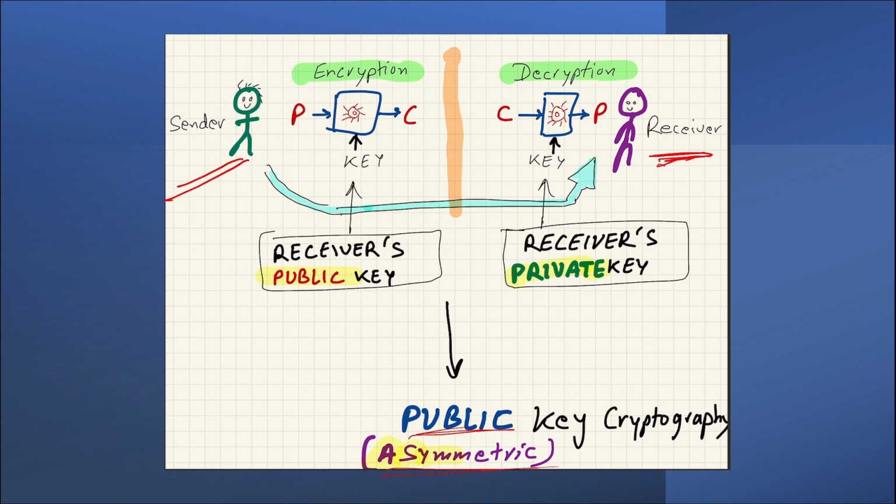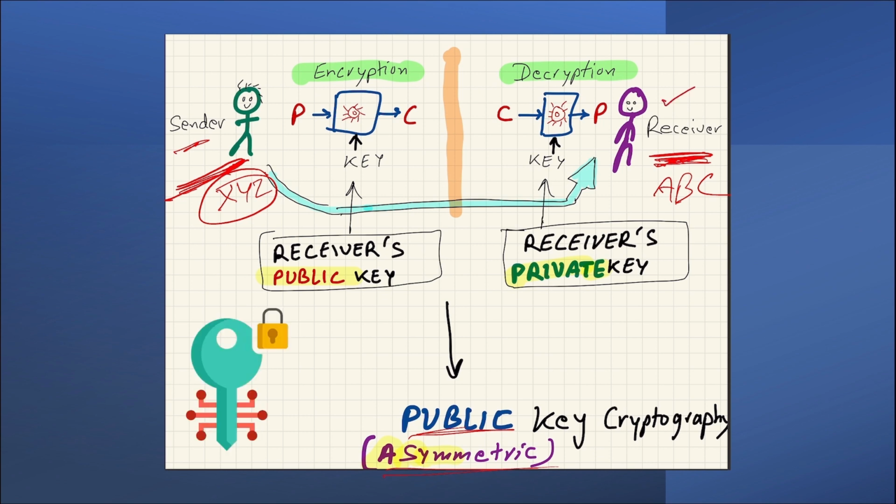Private keys will only be known to these people. They will not share private keys with each other. But their public keys will be public, which means let's say this guy here has a public key XYZ. This XYZ will be known to anyone in the world. But his private key is like a password, so only he knows about it. Similarly, the receiver has a public key, let's say ABC, which everybody in the world knows, but she also has a private key like a password, which only she knows.